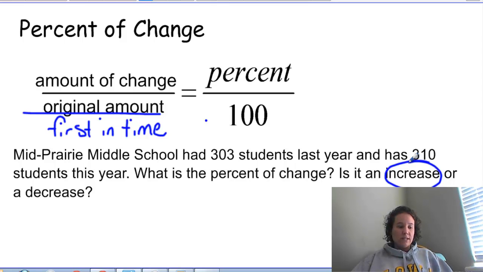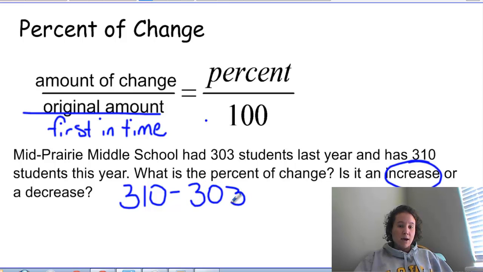Okay, now we need to figure out what we're going to put into our proportion so we can find the percent of the change. We need to find the amount of the change. Well, we went from 303 students to 310 students. That means we went up 7 students. And I found that by doing 310 minus 303.